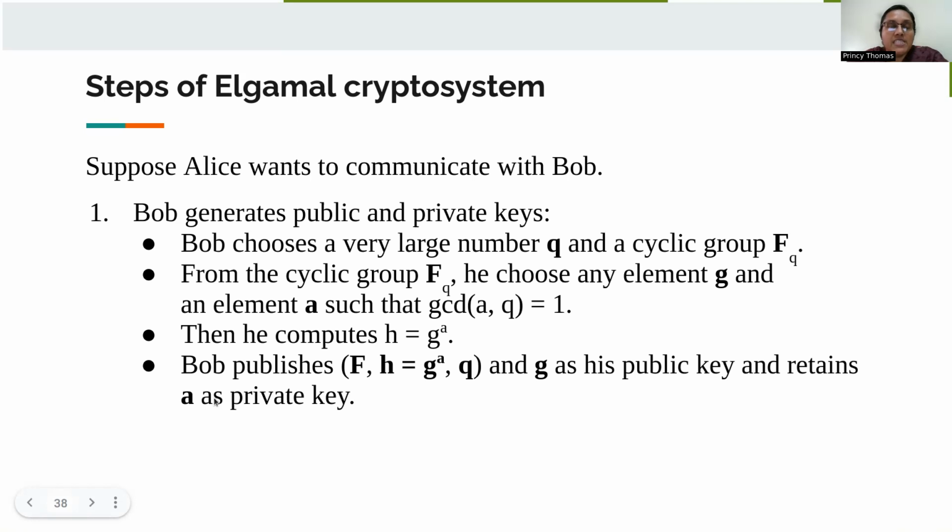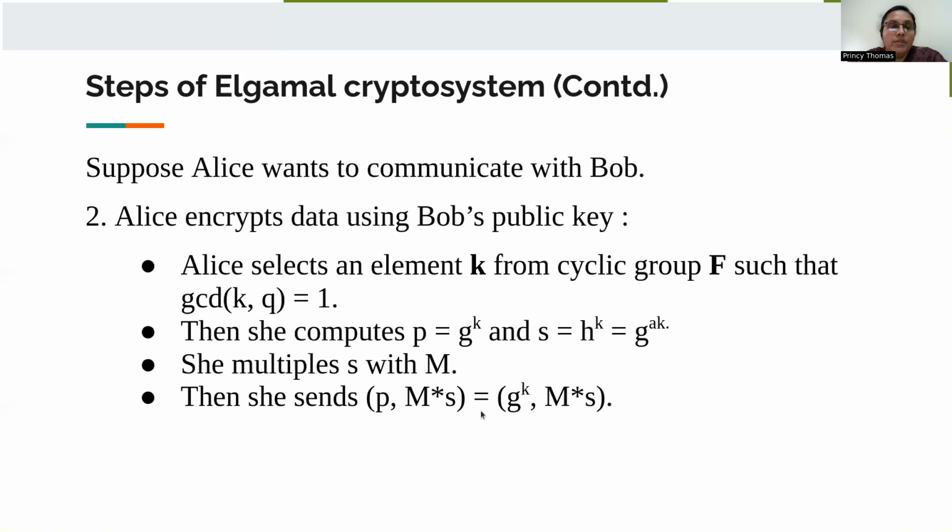Okay, so this is the first step. So if you want to communicate with Bob, the first thing that we need to know is his public key. That can be known only if he has published his public key. Okay, so these are the steps for any user, A or B or C, to generate his public and private keys. Okay, now once the public key has been published, then the second step is Alice encrypts data using Bob's public key.